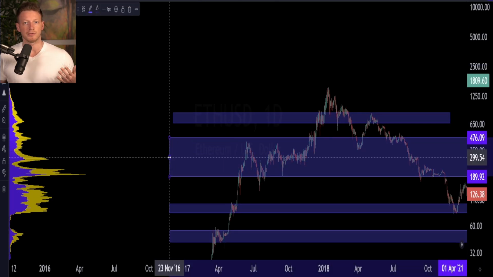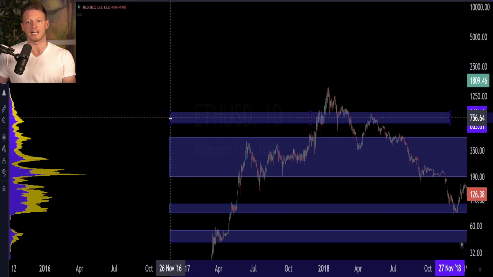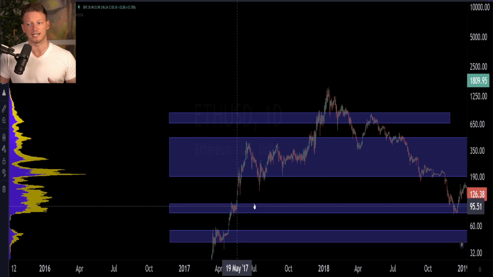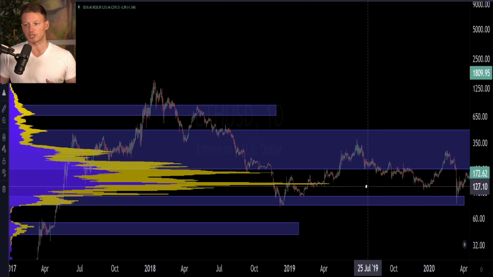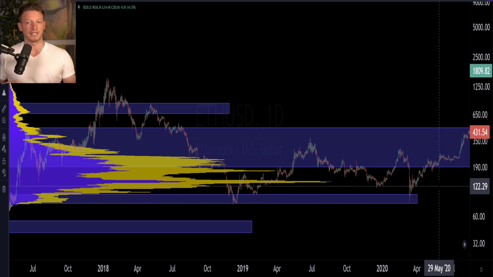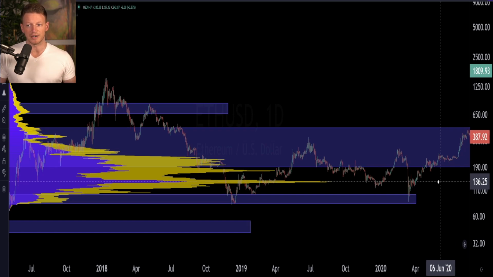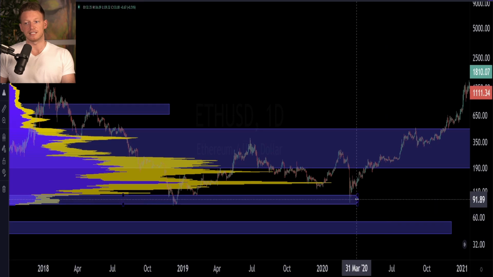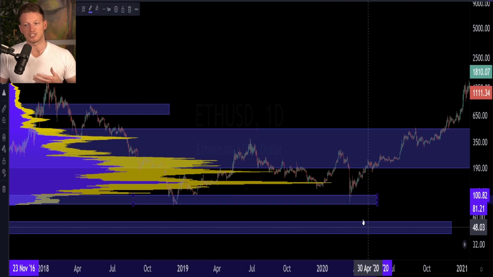So this is showing you areas of probability. It's showing you that if the bear market continues and you're in this level, let's say, and let's suppose that this market didn't turn around in 2020 and something happened that would make the market continue to be bearish. COVID happened and there was no Fed money printing. Well, we could have then potentially seen Ethereum drop down into its next support level.